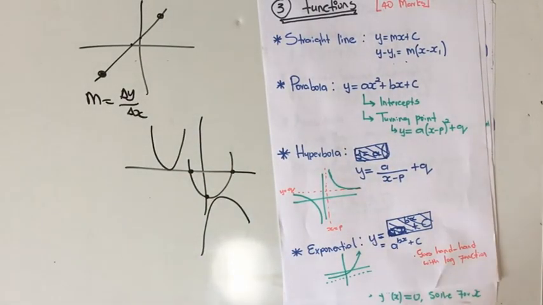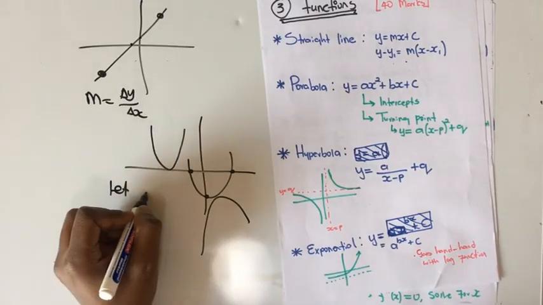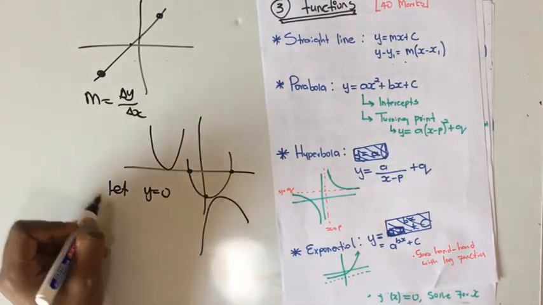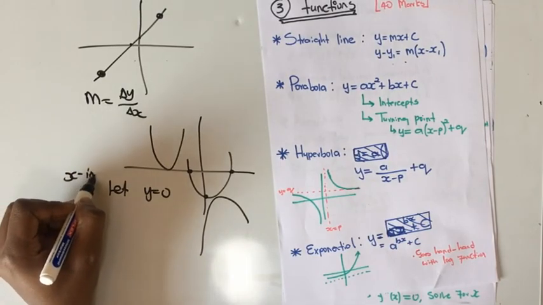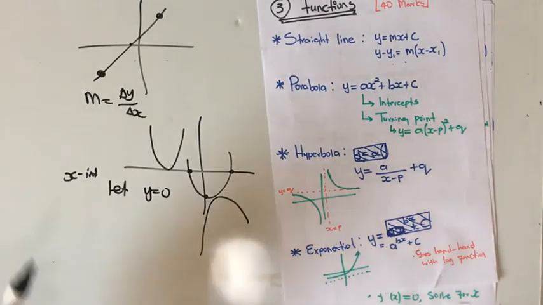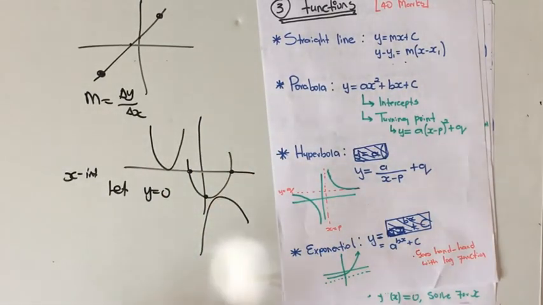When you find your x-intercept, you let your y be 0, because that's where y is 0. When you find the y-intercept, you let your x be 0 as well. Then you find where it crosses your x-axis. That's going to help you to plot it as well. It gives you a direction: it's touching your axis at this point, so surely it must go this way, this way, this way.